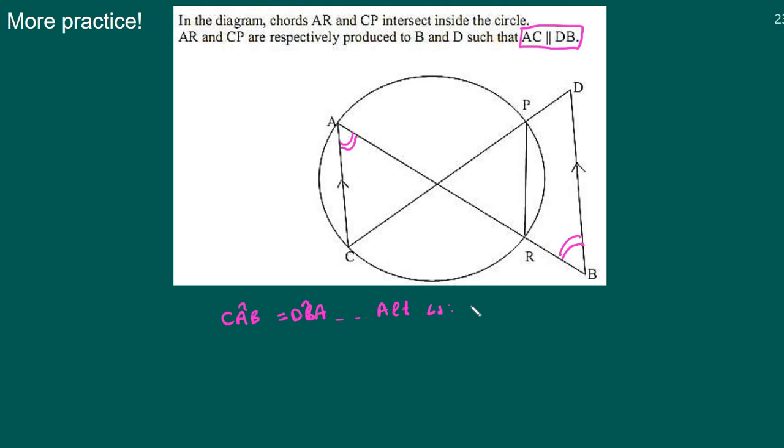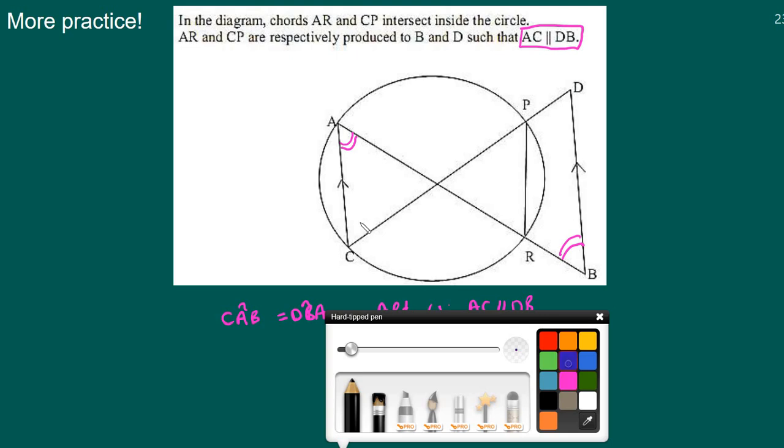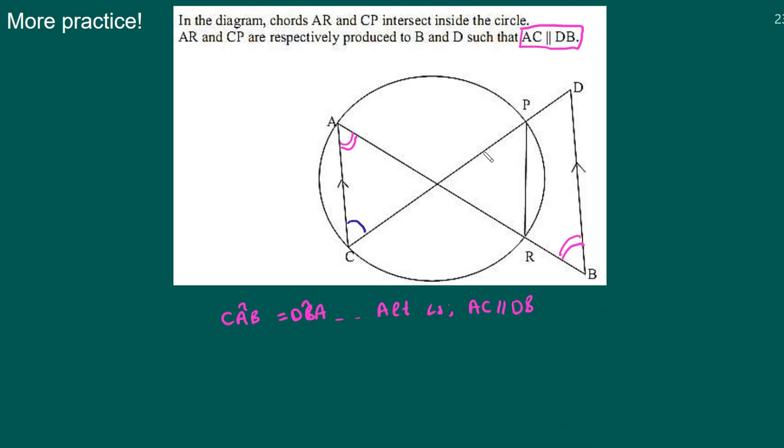So angle ACD is equal to angle CDB. Oh, that's nice. What's our reason? These are alternating angles. That's great. Any others?